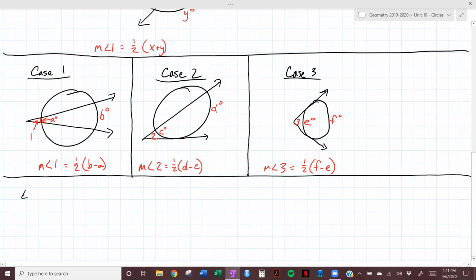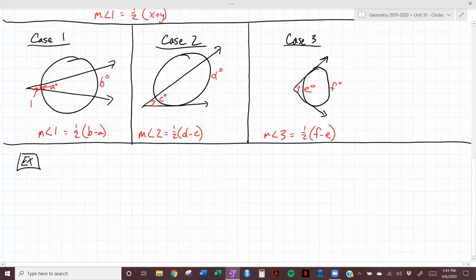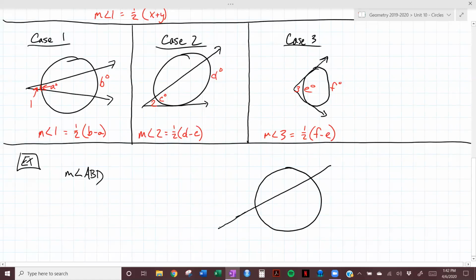So here's an example. We want to figure out the measurement of angle ABD. Okay, ABD. So here's our circle. Here are the secant and the tangent.